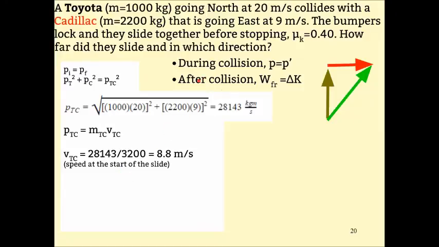So now we're going to look at the second part. We haven't answered the question yet. We haven't figured out how far, but we're going to use the work and the distance that is in the formula for work. So the work done by friction is the normal force times the coefficient, so it's mu mg of this large object, times the distance to get the work, and that equals the change in kinetic energy.